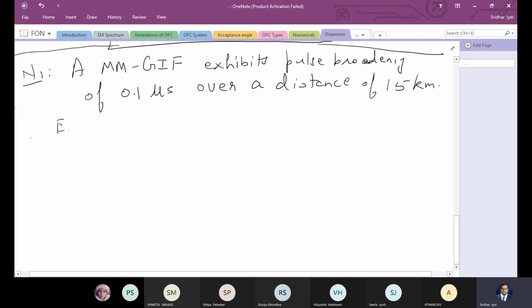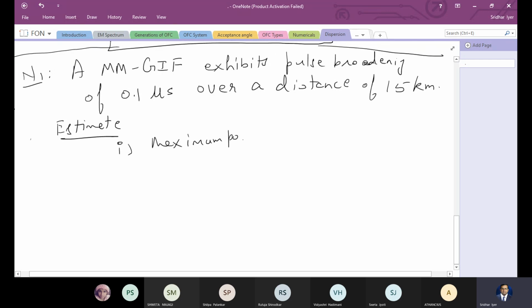The question is, estimate one, the maximum possible bandwidth assuming no inter-symbol interference.